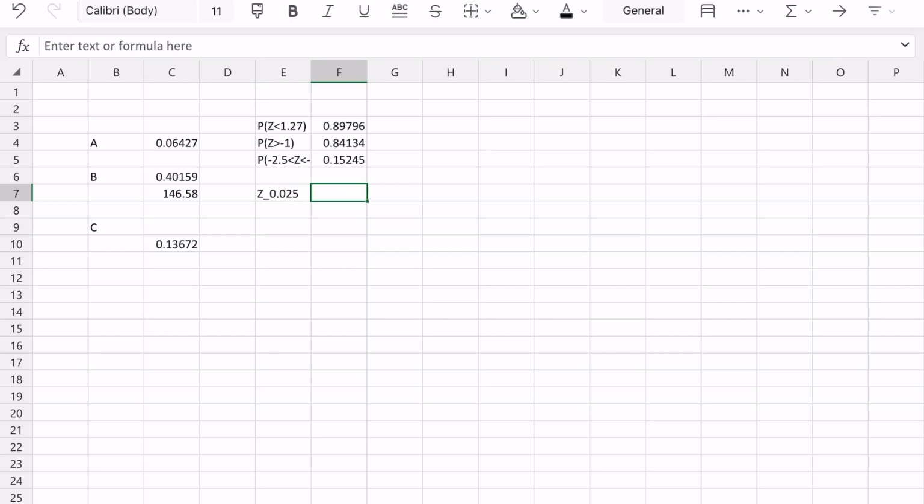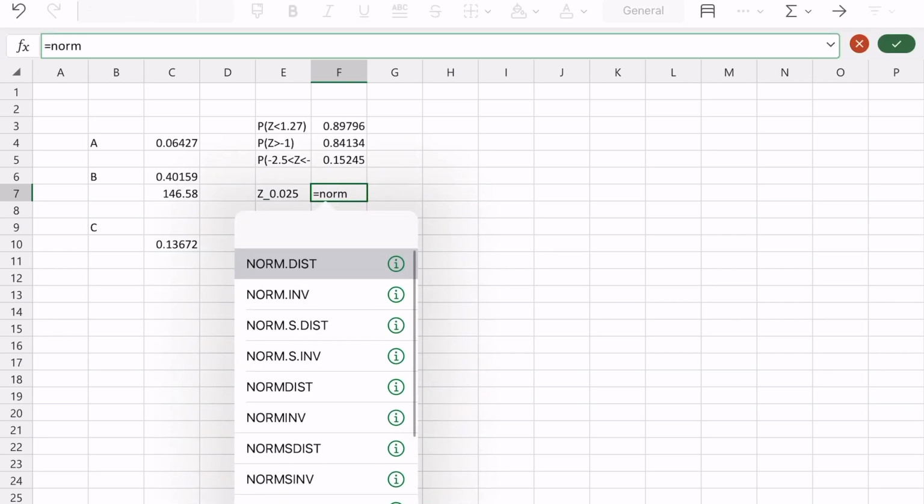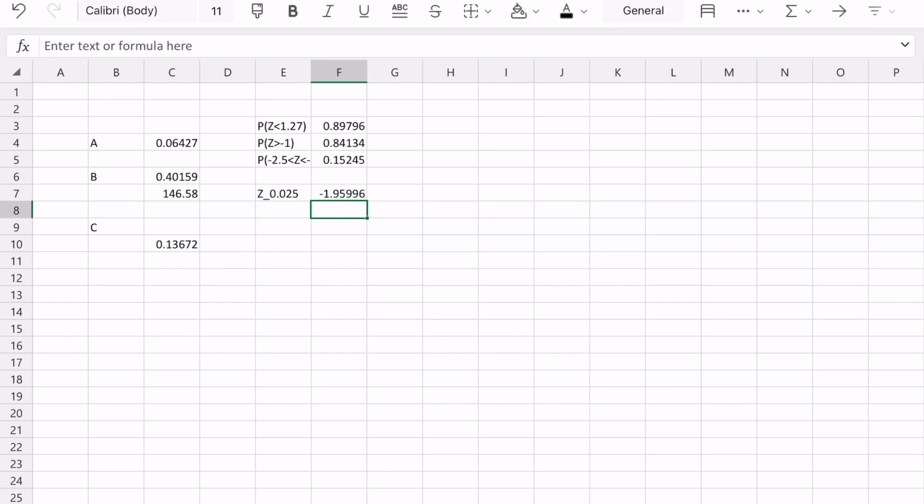Now, in order to get that, I'm going to go equals NORM.INV, the inverse distribution. And it says probability, which is area. So that's going to be 0.025. Now I need to put in the mean, which is 0, and the standard deviation, which is 1. And I'll press enter. And there it is, negative 1.96, basically. Notice how much more accurate it is, though.